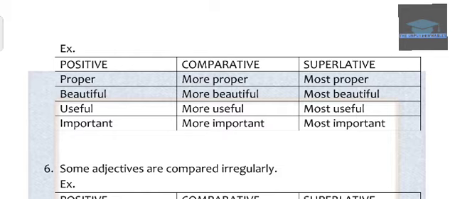Simply we use the word more before the word proper to make it a comparative degree. Now to make it superlative, we simply add most in place of more. So the 3 degrees are proper, more proper and most proper. Write down the other examples also by pausing the video.